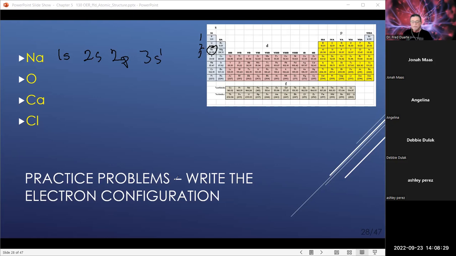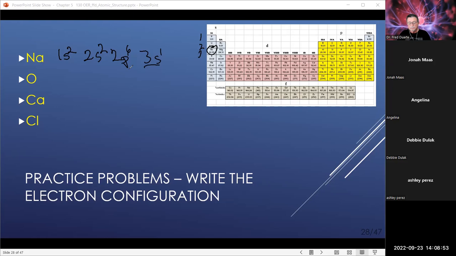So that takes care of one electron very quickly. Sodium has 11, so we have 10 more to go. And the only place they're going to go will be obviously the 1s2, the 2s2, and the 2p6. So add up all of the electrons that sodium has, and you should see 11 of them. One of them is in the third energy level in the S orbital.